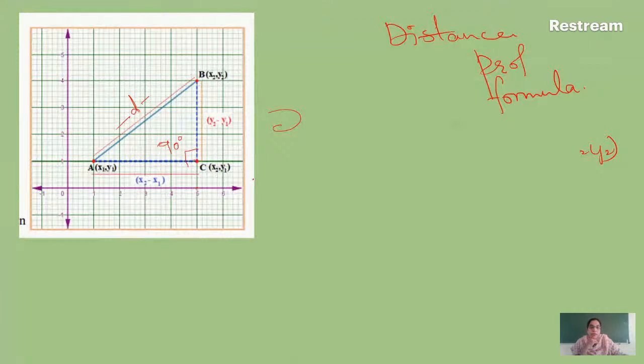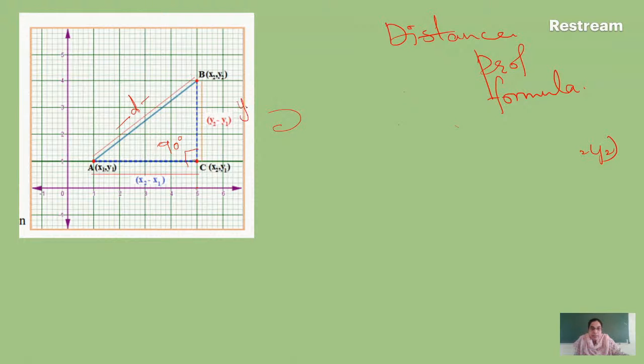Next, see, this is point A and this is point C. What will be the distance BC here? To calculate the distance BC, you have to locate point C such that point C is (x2, y1). And to get BC, from B to the x-axis, what is the length?